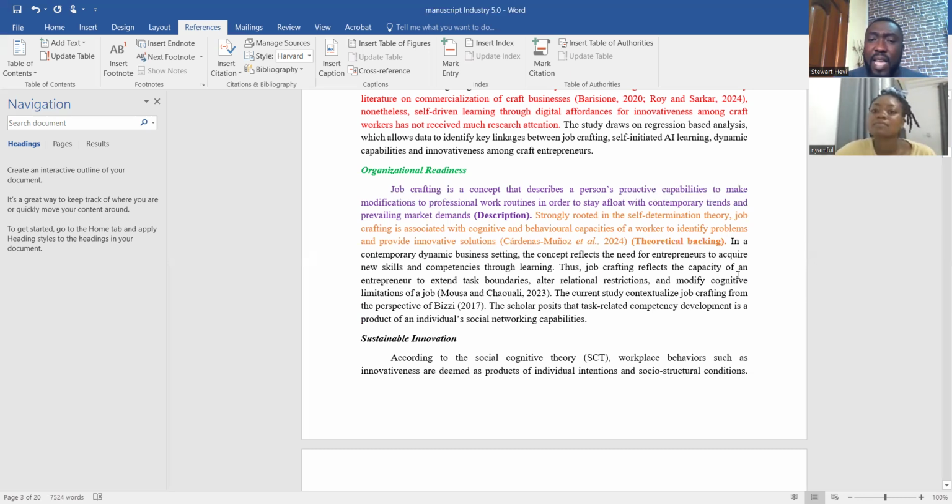Then look at our third statement. It goes on to say that in a contemporary business dynamic, it means that we are saying here that even though this concept may have come to force a long time ago, the theory may have been existing for so long a time, you are trying to look at this issue from a recent point of view.